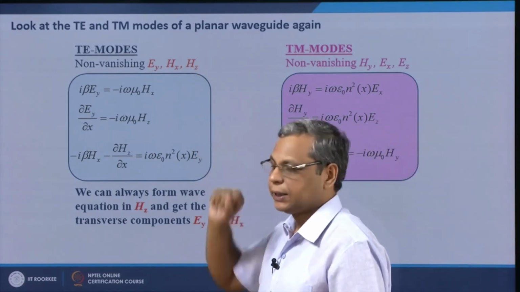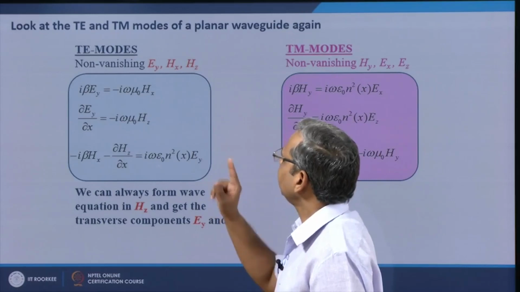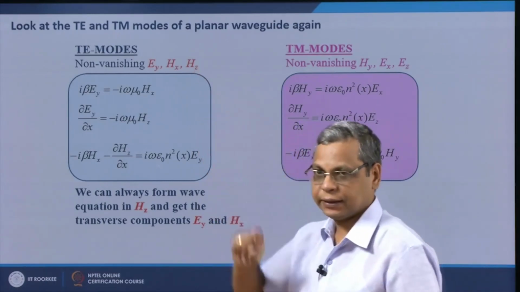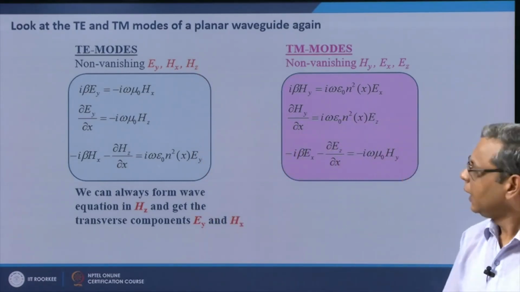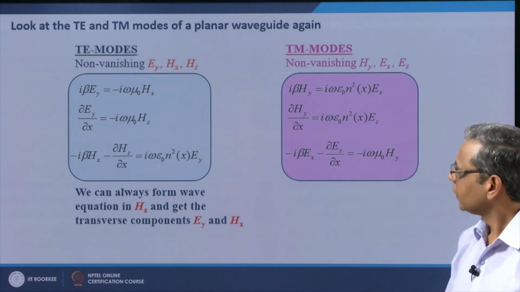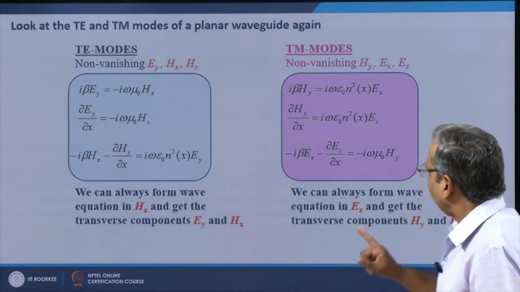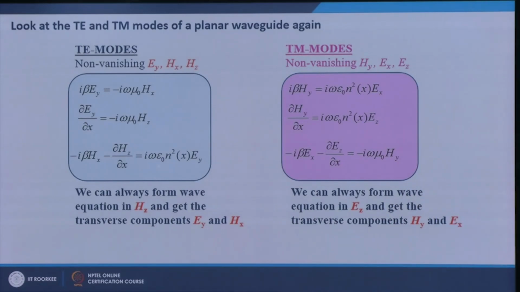Here what I notice is that the only longitudinal component here is Hz, and Ez is 0. And in this case I can do the same thing, and here I notice that the only longitudinal component is Ez and Hz is 0.